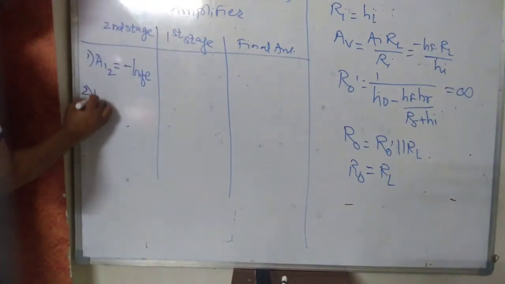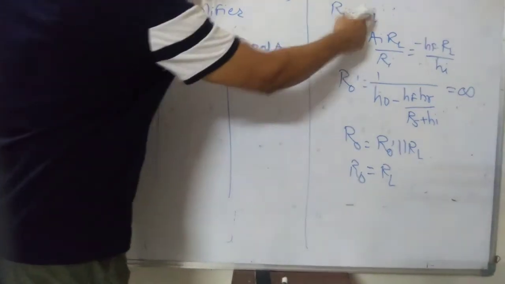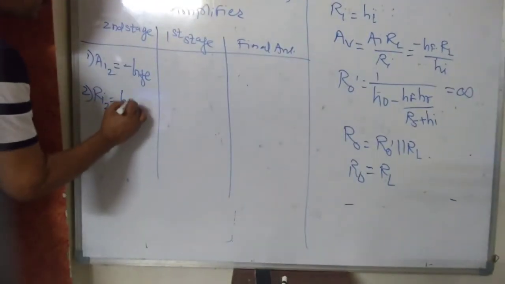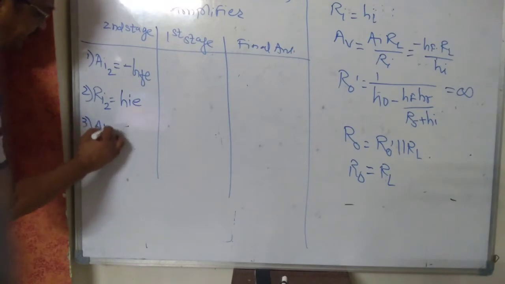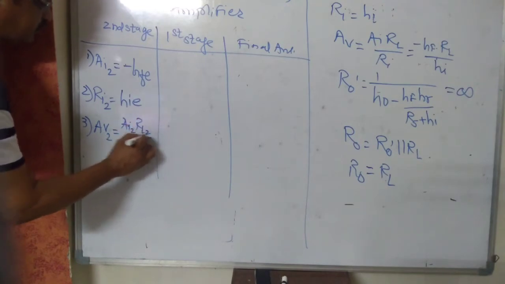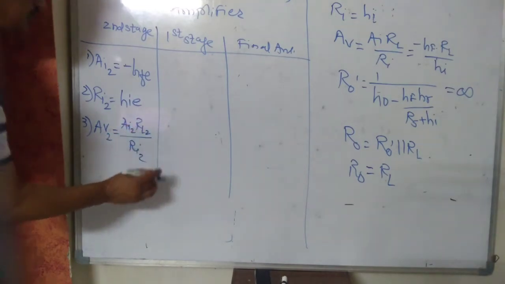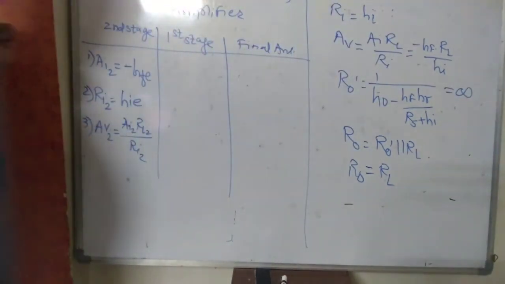Second, RI2 equal to HIE. Then third, AV2 equals AI2 RL2 upon RI2.